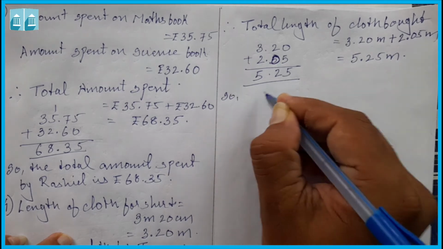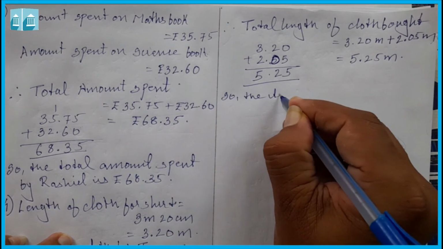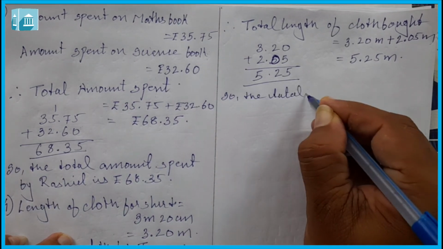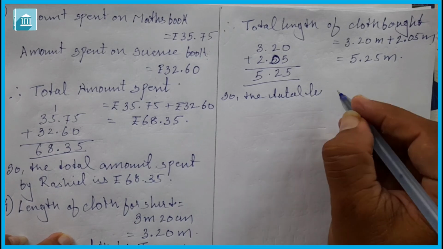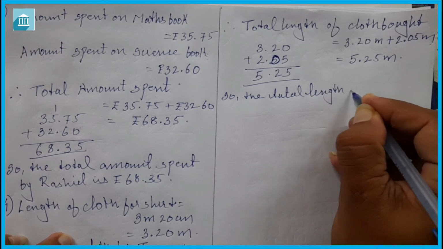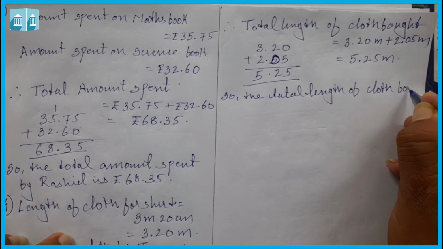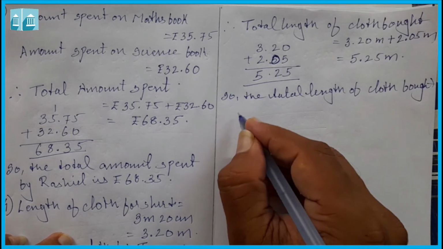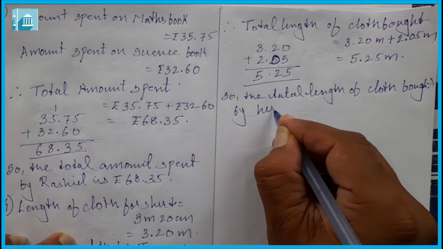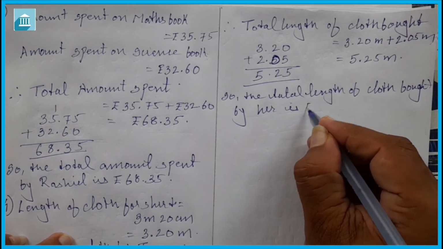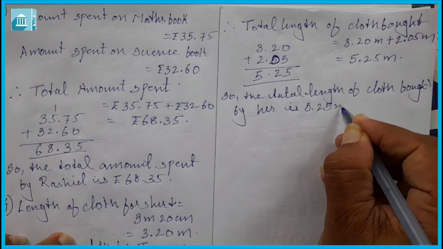So we can say that the total length of cloth bought by her is 5.25 meter.